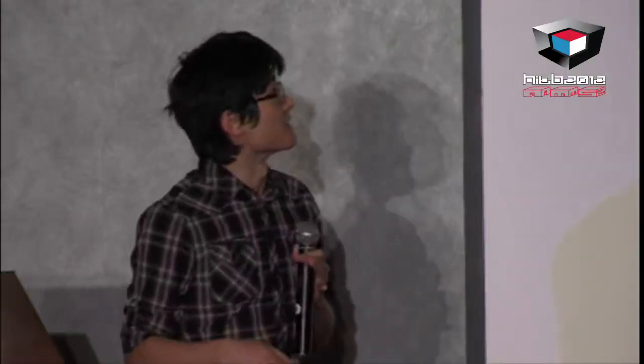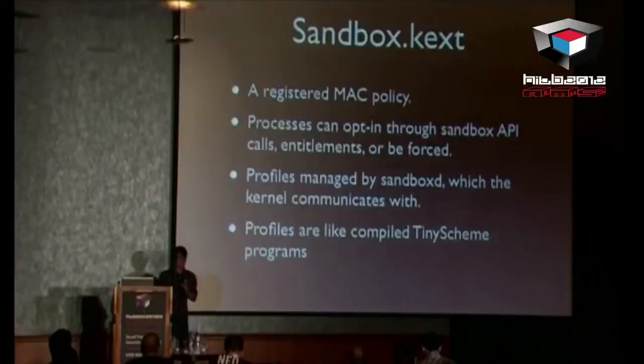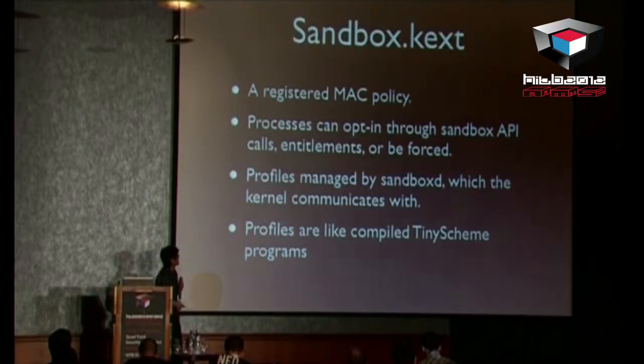Entitlements, as you saw earlier, are a property list attached to every single Mach-O binary on OS X and iOS that has a list of properties the process is allowed to do. And one of the entitlements is what sandbox profile to use. Or if an application is launched from /var/mobile/Applications, which is where all the App Store apps are installed, then the container sandbox is used. The container sandbox is the default sandbox that's enforced for App Store apps. So profiles are managed by sandbox.